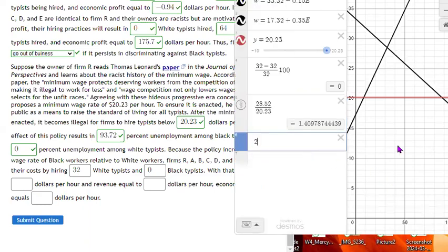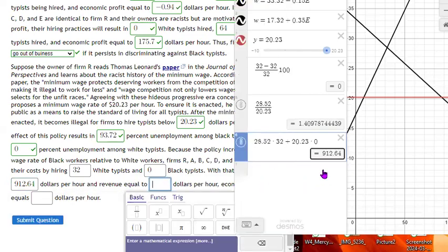The white workers are being paid the market wage of 28.52, and there's 32 of them. The Black workers are being paid 20.23 if they can find work, times 0 Black typists. So the cost is $912.64.